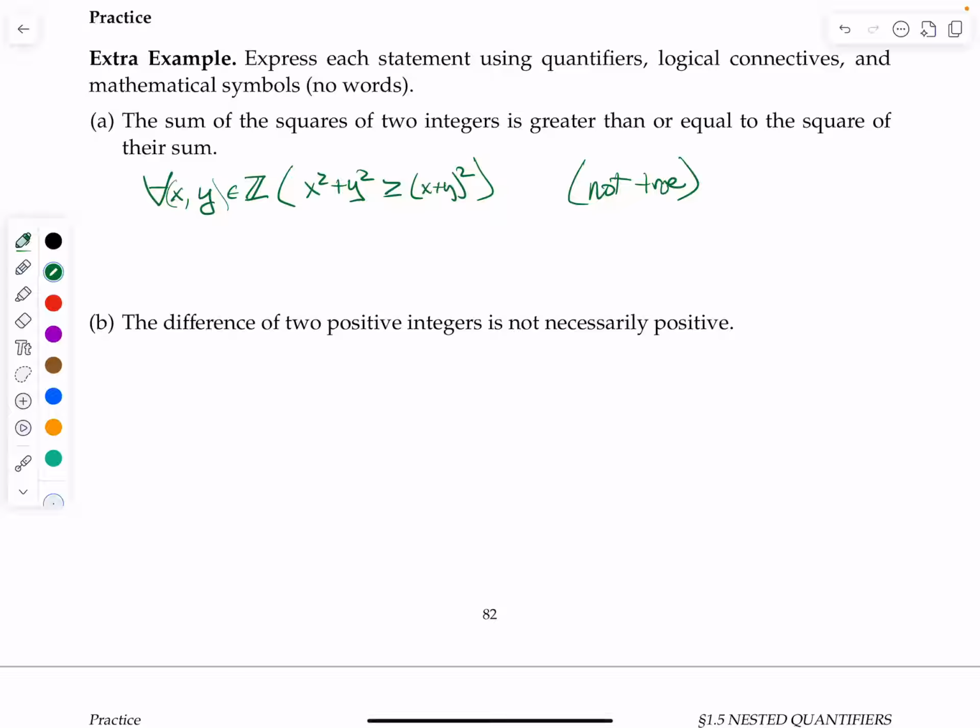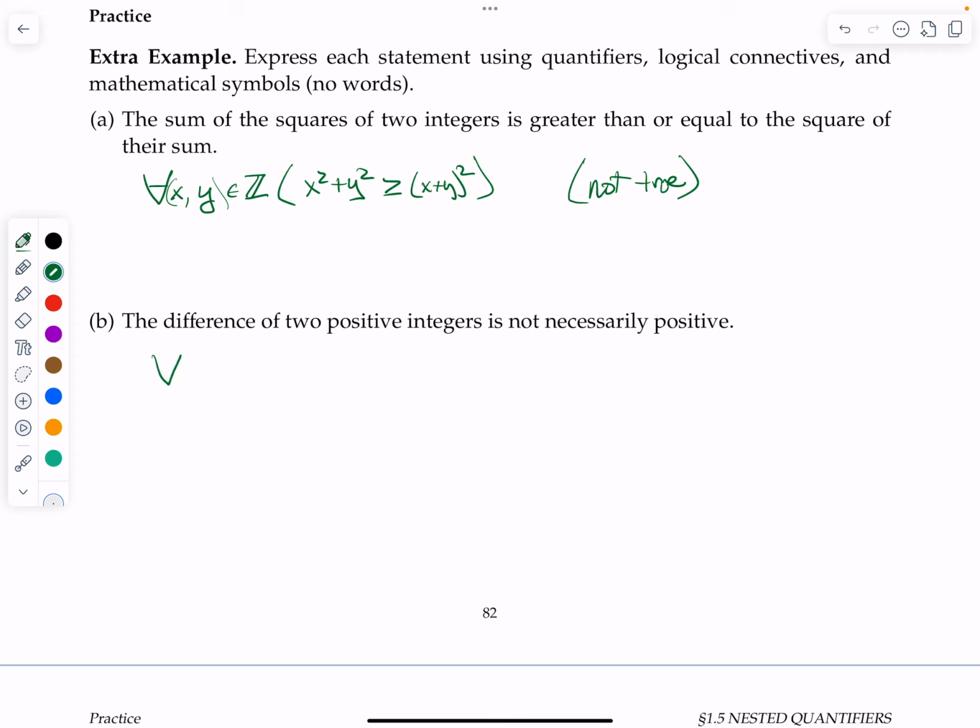The difference of two positive integers is not necessarily positive. Okay, so for all, not necessarily. So there exists x and y, which are integers, so that x minus y is less than or equal to 0.